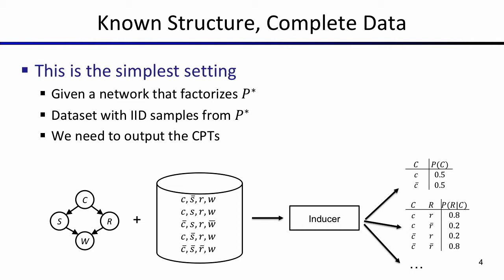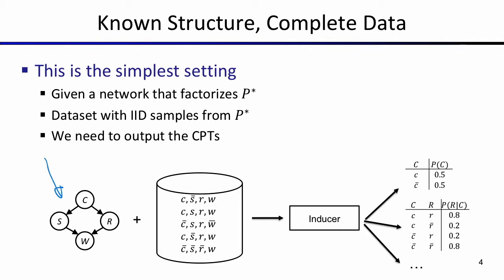What we have is a given Bayesian network structure that we obtained somehow, represented here by this little Bayesian network. And this Bayesian network factorizes the true probability distribution P star, or at least it's a good approximation for that. So we have some reasonable independence assumptions that may not be completely true in P star, but they are at least a good approximation for P star.